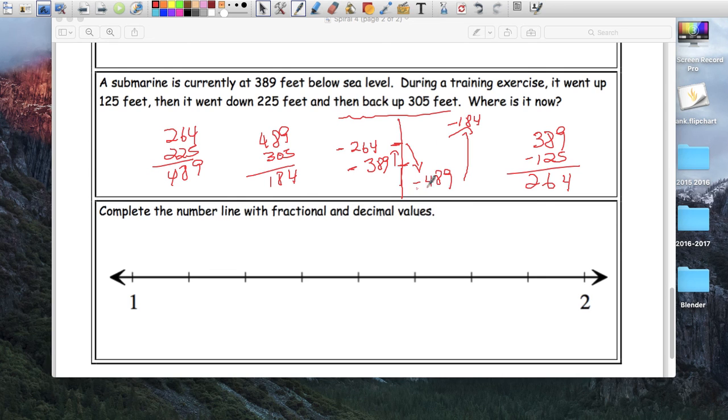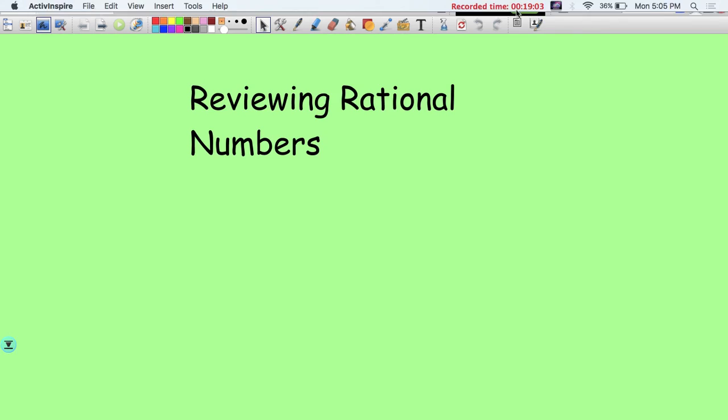And then if you were at negative 489 and took 305 steps up, you would end up at 184. So where is he now? At negative 184. That's it. I'm uploading this right now.